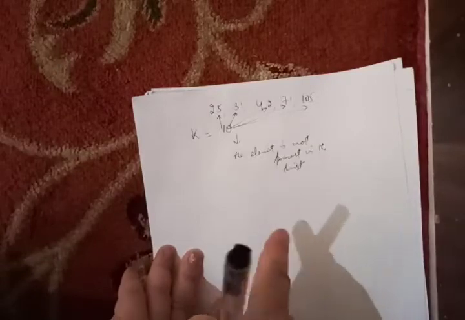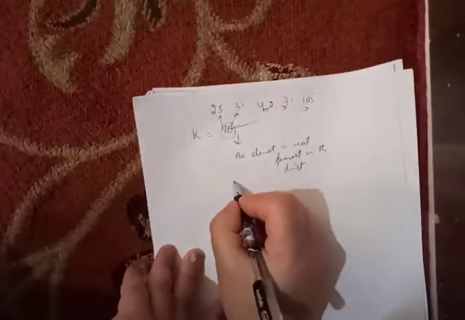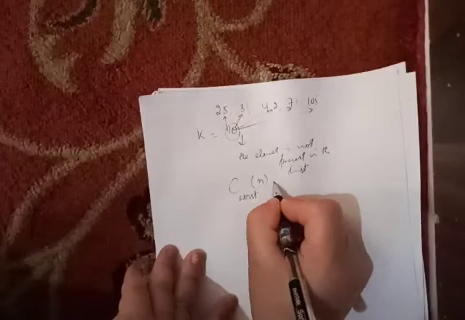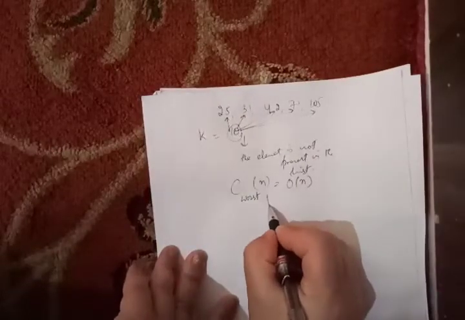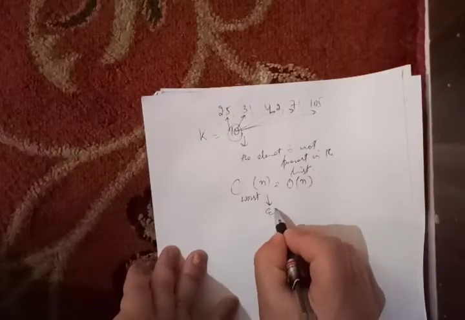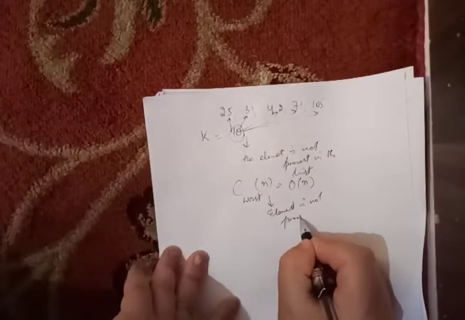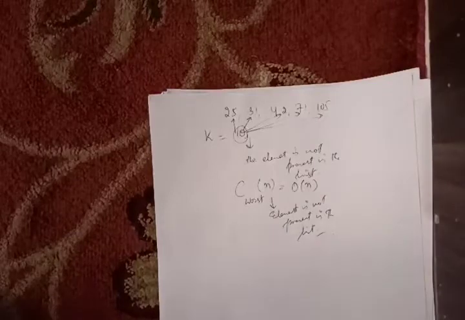But still, in order to see whether this particular element is present in the list or not, we performed n comparisons. So the worst case time complexity in this case is again equal to big O of n. So this is when the element is not present in the list. Okay, so this is the worst case.